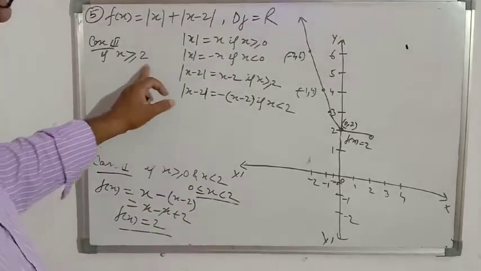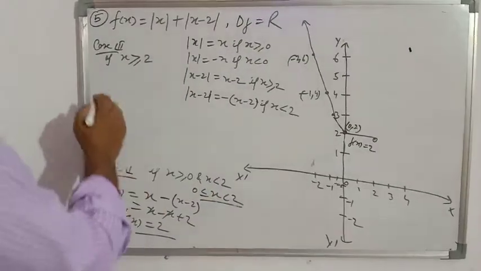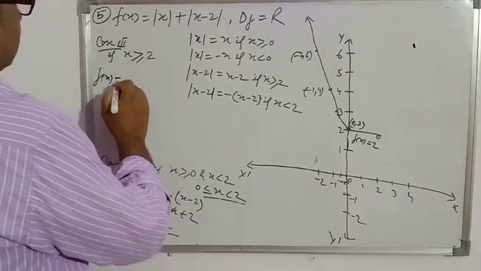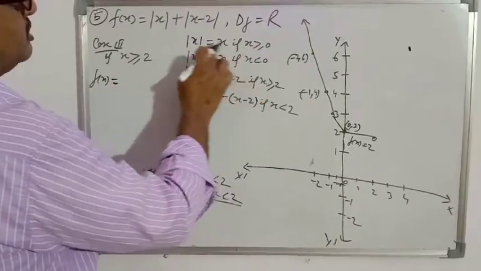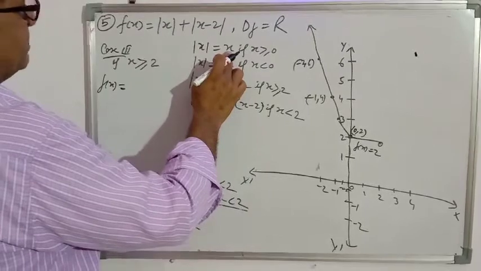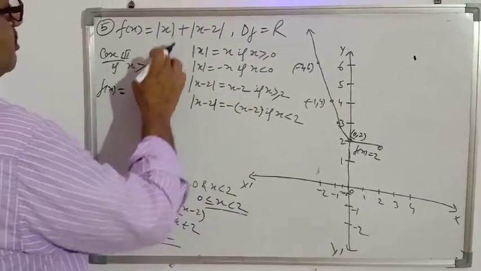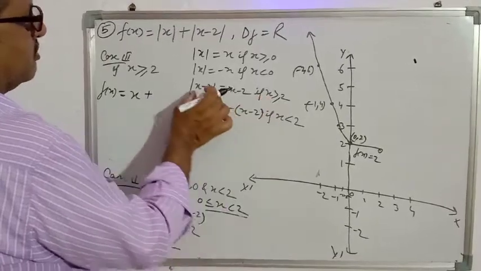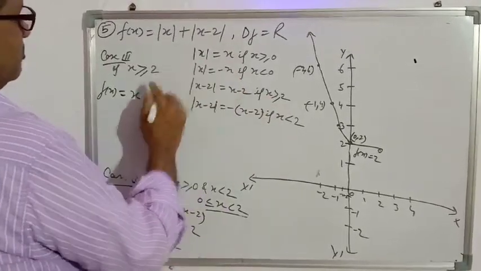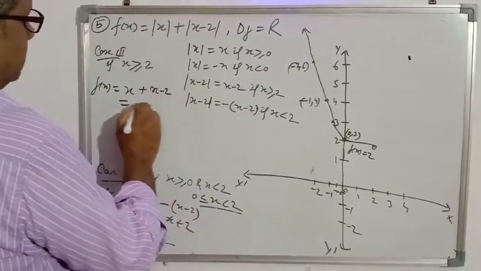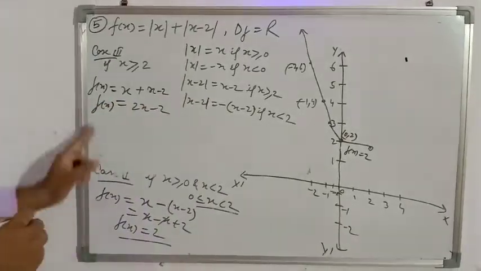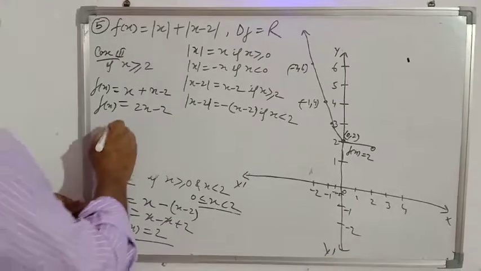So if x is greater than or equal to 2, what will be f(x)? For x greater than or equal to 0, mod of x is equal to x. So for x greater than or equal to 2, mod of x will again be x. For x greater than or equal to 2, mod of x minus 2 is x minus 2. So it will be x plus x minus 2, 2x minus 2. So the value of this function in the third case is 2x minus 2.